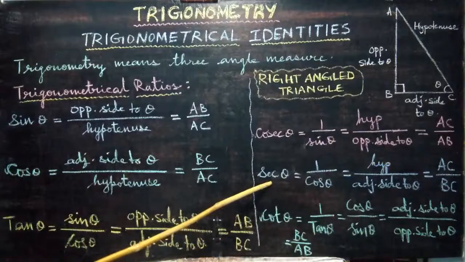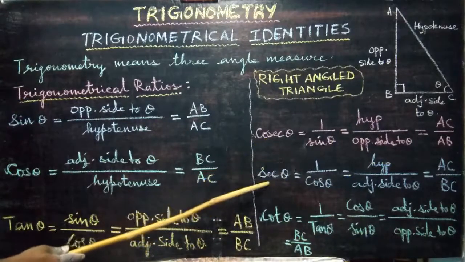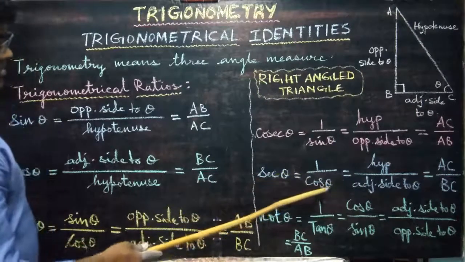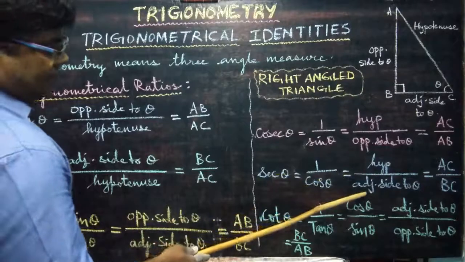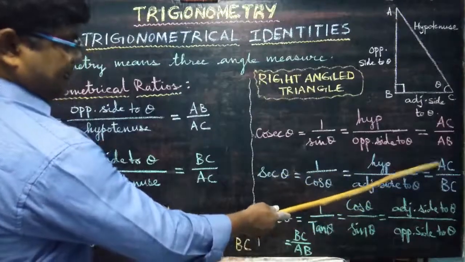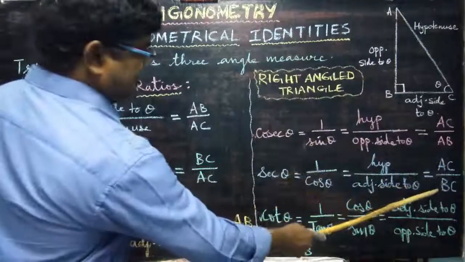Secant theta is 1 by cos theta, the reciprocal of cos theta, which is hypotenuse by the adjacent side to theta, that is AC by BC.